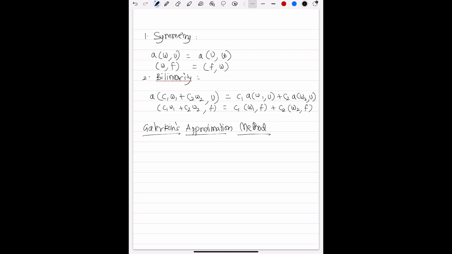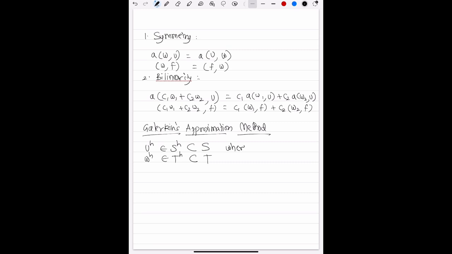Instead of looking for a u belonging to the infinite dimensional space S, we look for an approximate solution uh belonging to a finite dimensional space Sh, which is a subspace of the infinite dimensional space S. Similarly, we look for an approximate test function wh, which belongs to the space Th, which is a subset of the infinite dimensional space T.